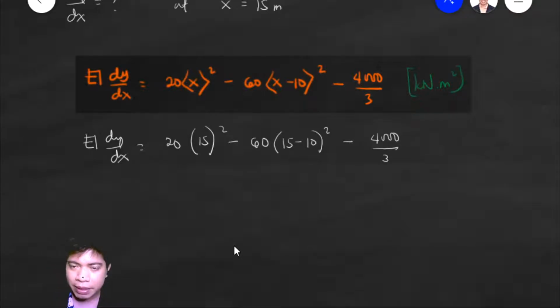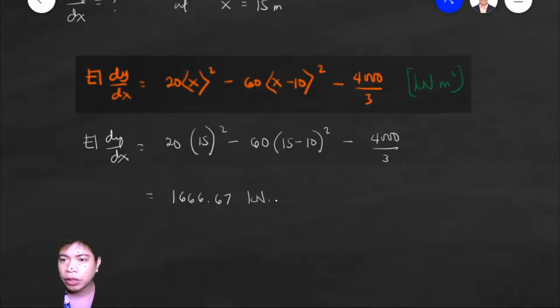Okay, so ang lalabas guys is equal to 1666.67. So this is in kilonewton square meter. So ang kailangan natin guys is dy over dx, ayun. So bale divided by, meron man tayong EI dito sa kabila.